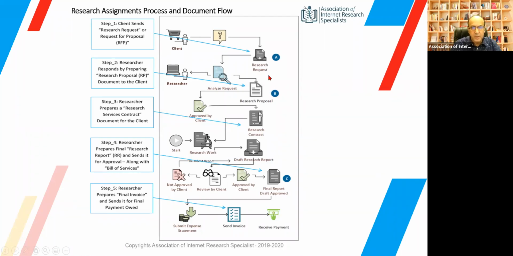So these are very important documents, and they could make or break your contract. You would make a first impression on the client by giving a proposal first when you are responding to their request for proposal. So document B, where you are bidding for a contract, is most important.